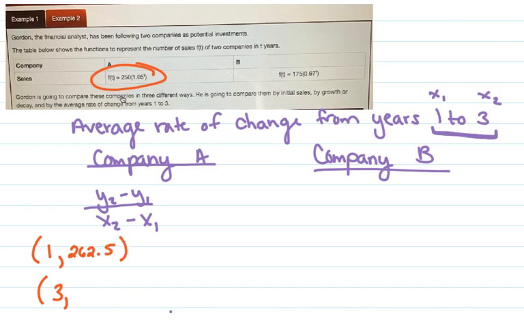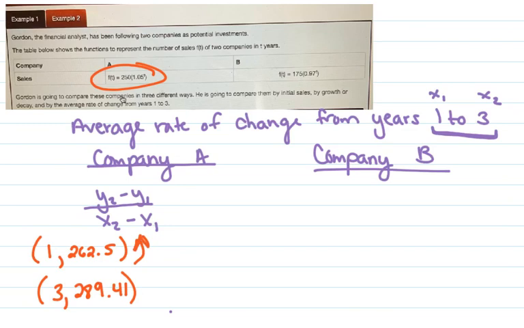And then I'm going to do the same thing with 3. So I'm going to plug 3 into my exponent. So 1.05 to the third power, and then I'm going to multiply it by 250. And I got 289.41.